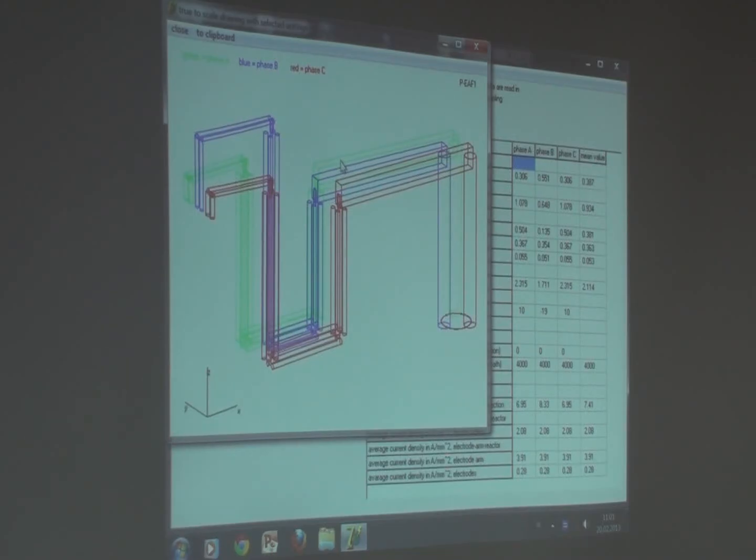And there's another disadvantage: you cannot reach the maximum power. The power you get is smaller than this power.